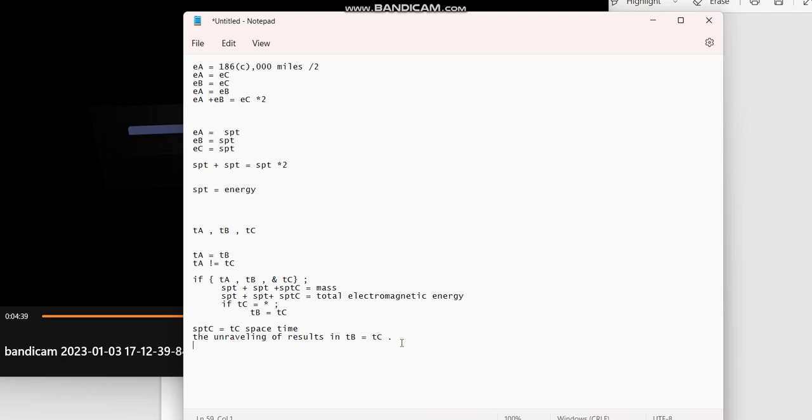And the effect is, the result equals TA entangled with TC in TB's position.